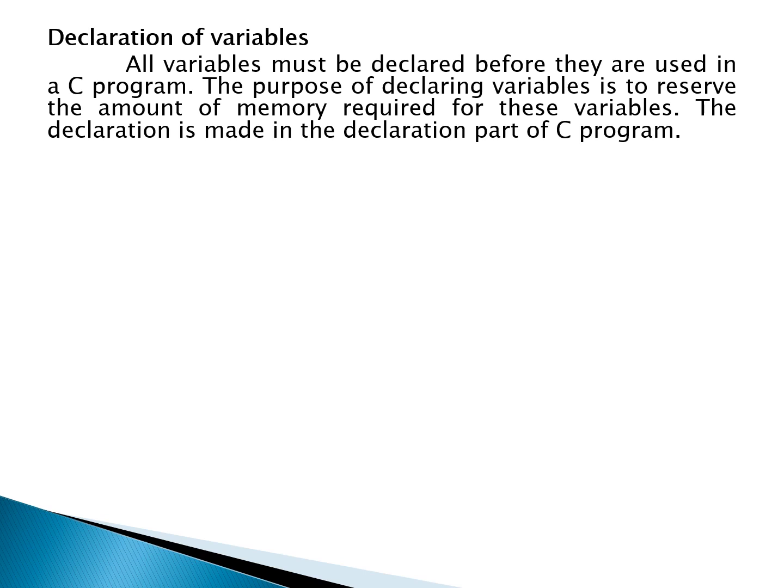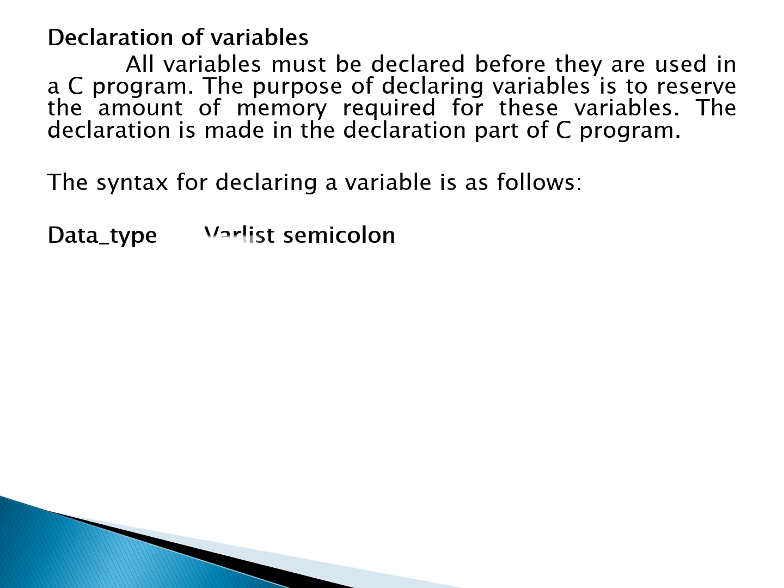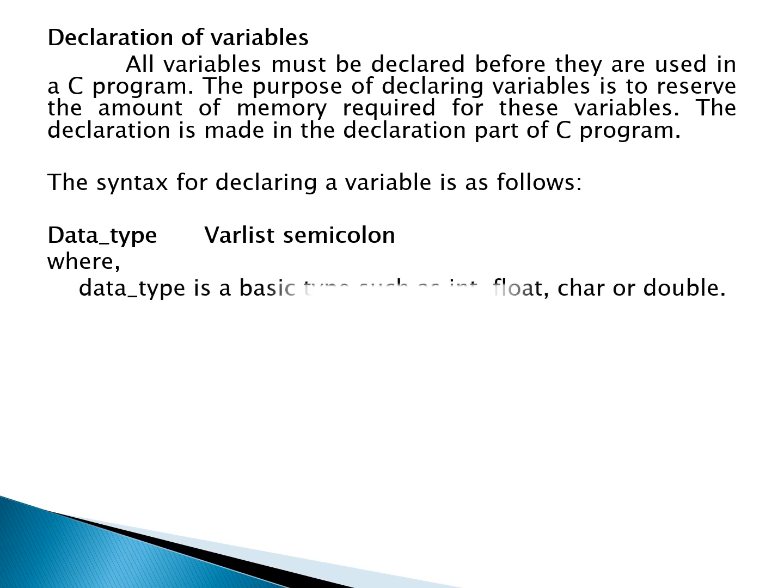And the syntax for the purpose of declaring a variable is: data type, space, variable list, semicolon. So here data type indicates a basic data type such as int, float, char or double.